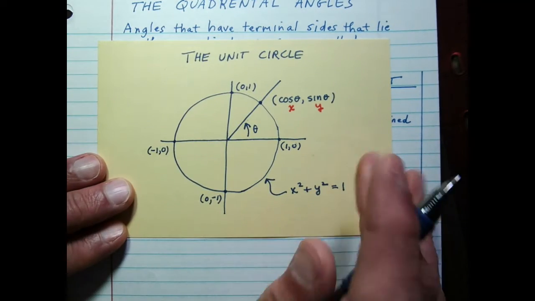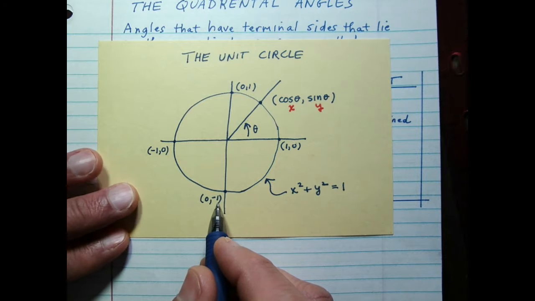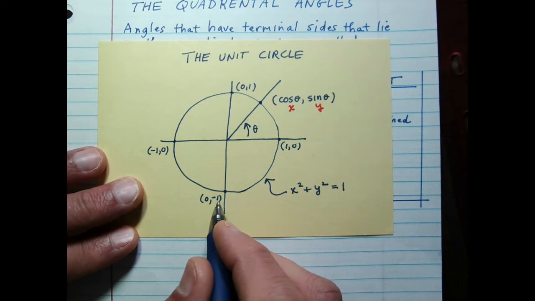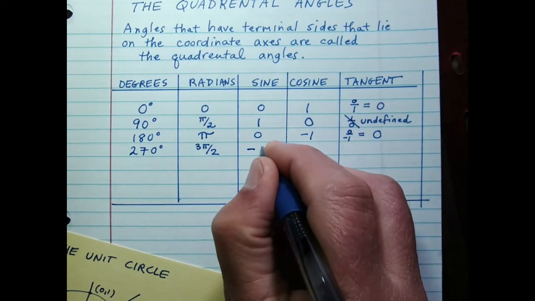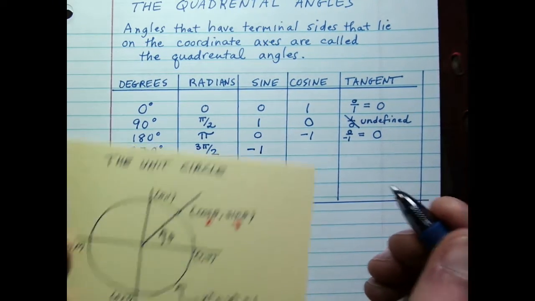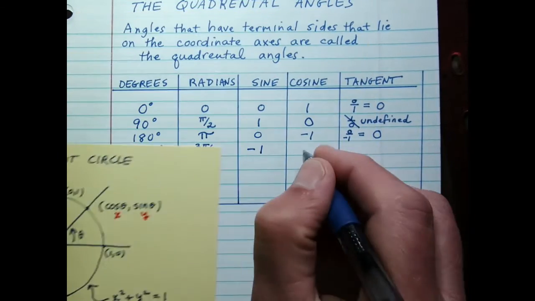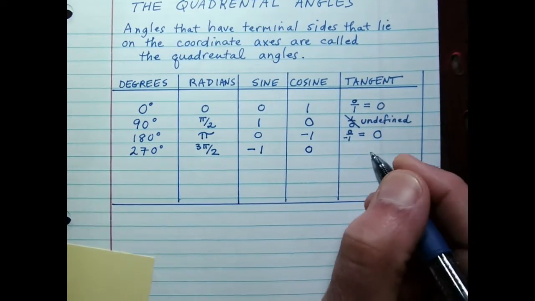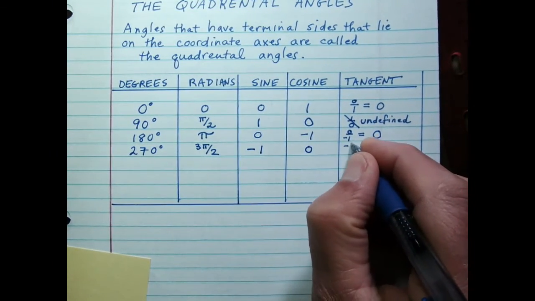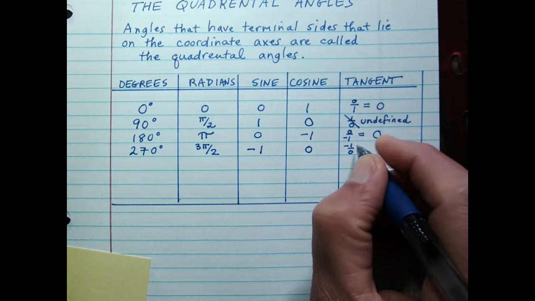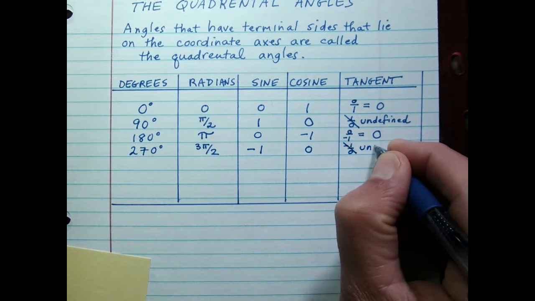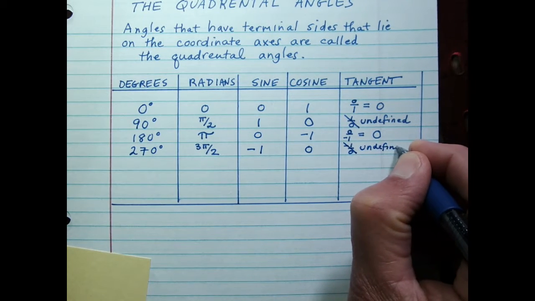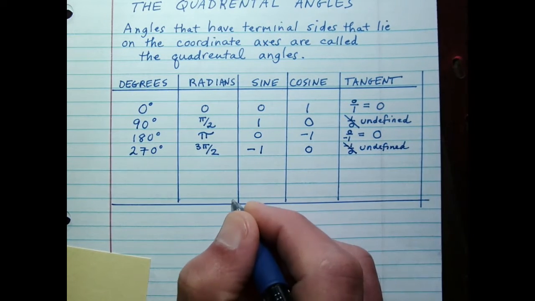The sine of 270 will be the y-coordinate of the point of intersection on the unit circle. That's negative 1. But the cosine, which is the x-coordinate, is 0. Tangent would be negative 1 over 0 if we could calculate that, but we can't divide by 0.